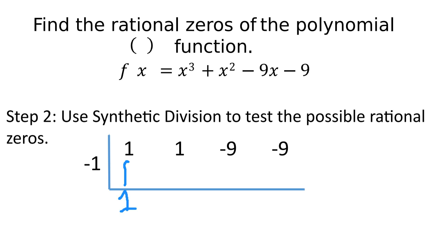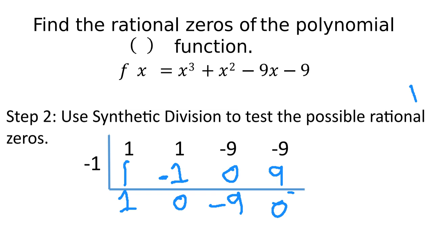Then we add the column, 1 minus 1 is 0. And then -1 times 0 is 0. -9 plus 0 is -9. And then we multiply -1 times -9, which is +9. And -9 plus 9 gives me 0. So this one will be a 0 because we have a remainder of 0.